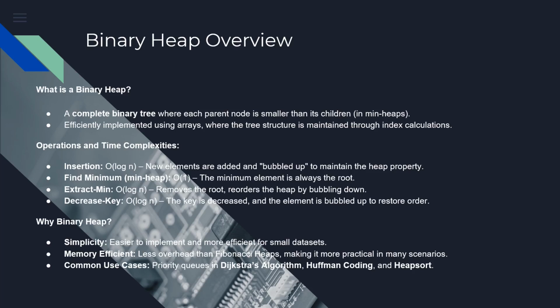It's simple to implement, often using arrays, and provides a balanced approach for many heap operations. While decrease key operations are slower in binary heaps, with a time complexity of O(log n), they are still widely used due to their efficiency with smaller datasets and their simplicity in implementation.